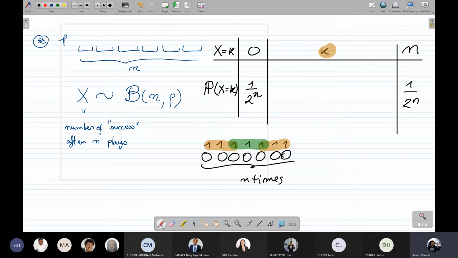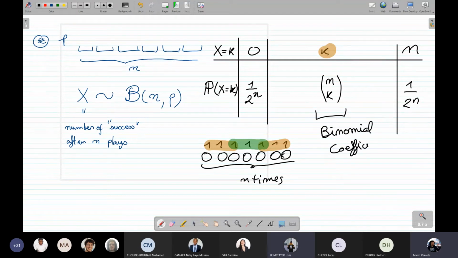What's the name of that object? It's a combination. Yes, it's the combinations of k objects among n. So it's the binomial coefficient k among n.